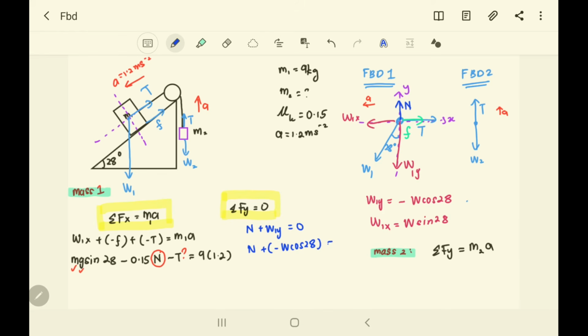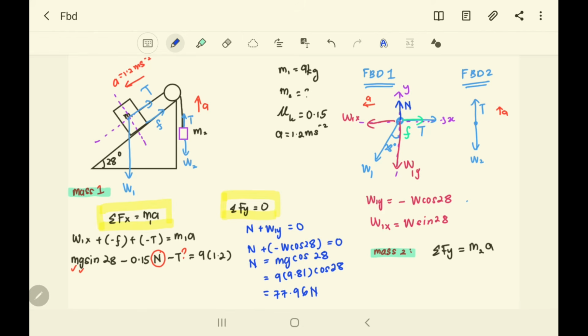So N is equal to mg cos 28. So kita dah boleh kira dulu N kita berapa. 9 times 9.81 cos 28, so normal force is equal to 77.96 Newton.